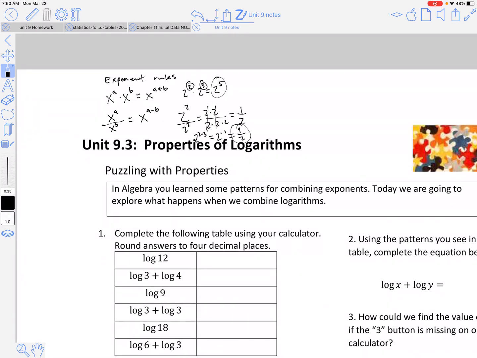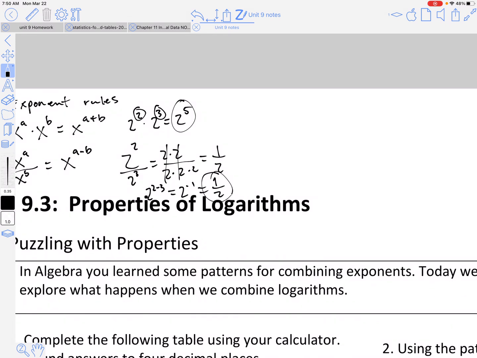The next exponent rule that we learned is x to the a, to the b. That's when you multiply a times b. An example of that: if we have 2 squared, and then we're going to multiply that 3 times, so we have an exponent of 3.